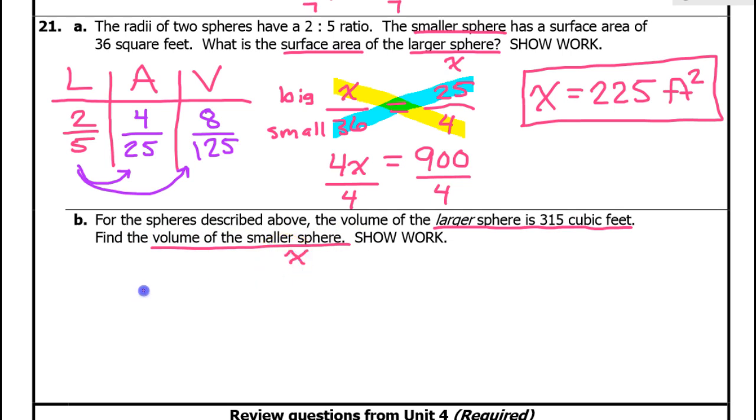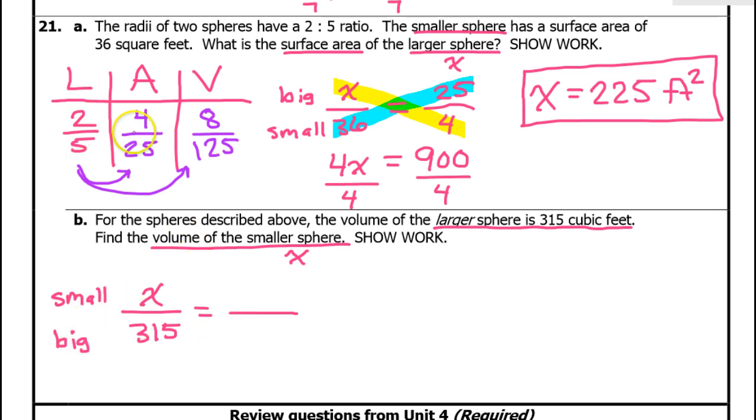So when I set up my proportion, I'm going to start with x over 315. Now remember, the x is the smaller sphere, so I'm going to label this as small, and the 315 is the larger sphere, so I'm just going to put big. So we're doing small over big.